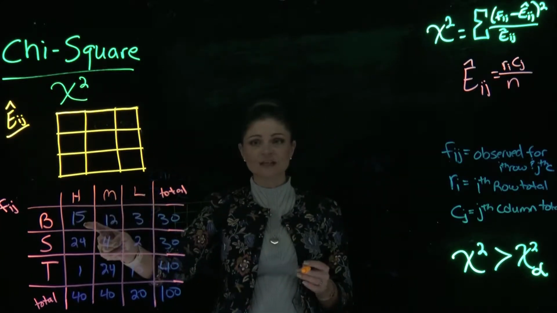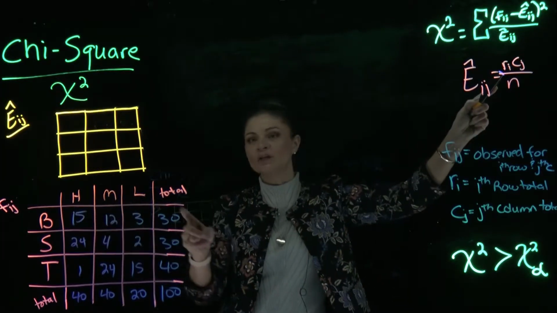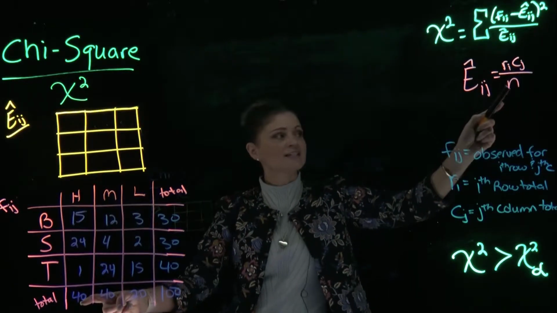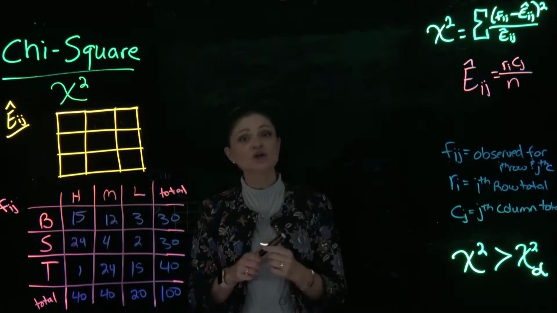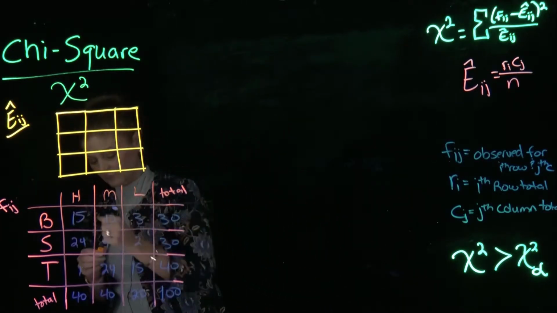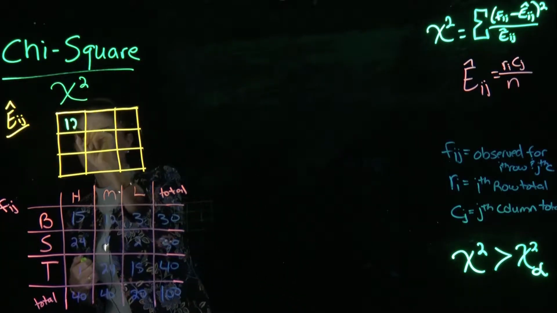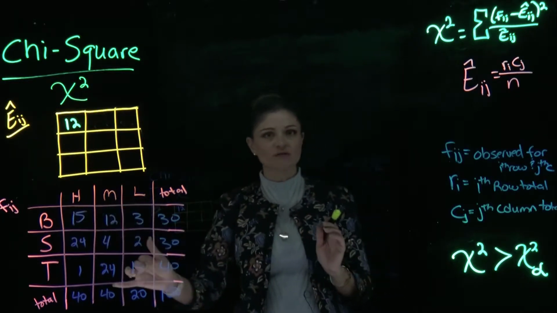For this 15 right here, our E hat sub ij is going to be our row, which is 30, times our column, which is 40, divided by our n. So 30 times 40 divided by our total of 100 is going to give us 12. We're going to repeat that for each of these.